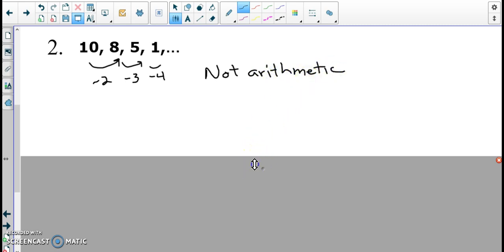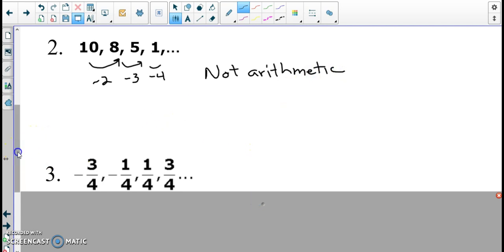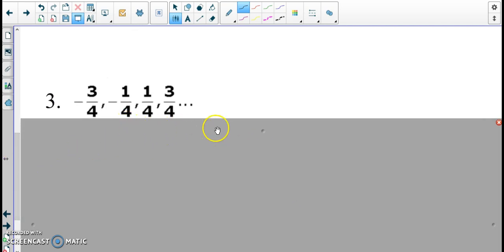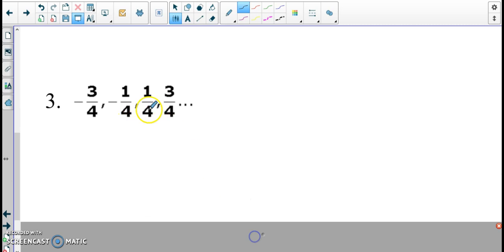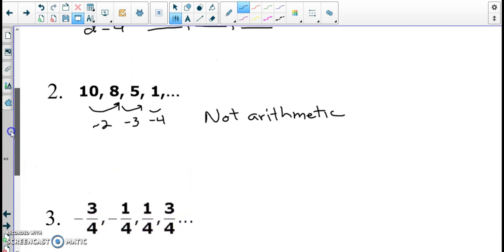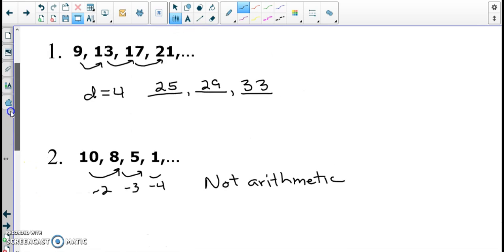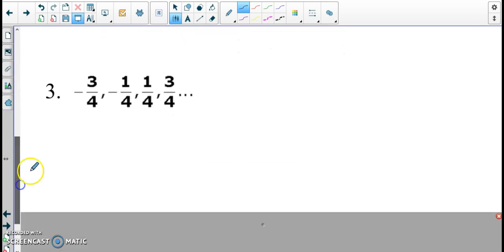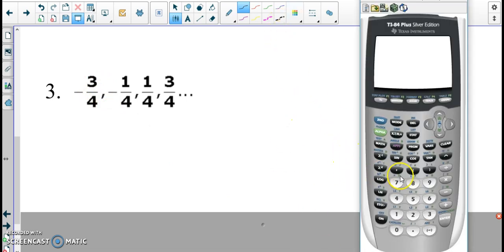All right, for this third one, it says -3/4, -1/4, 1/4, 3/4. If it's not obvious, like for the first two, which I think you can do mentally, what you can do is take each term and subtract the one in front of it to see what the change is. You can use your calculator, starting with the second term and subtracting the previous term.